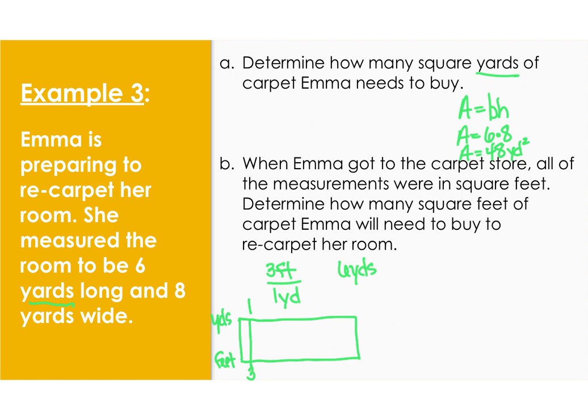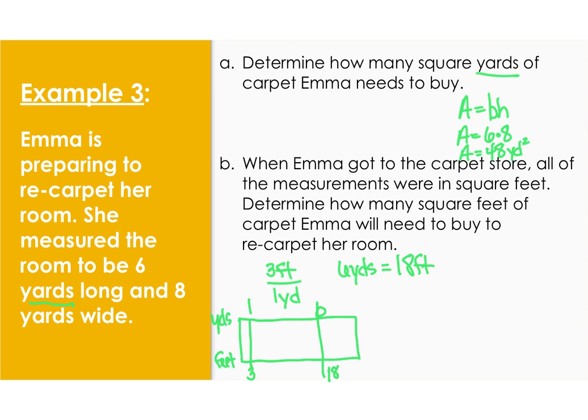If I have 6, how many feet is that? So 1 times 6 to get to 6, and 3 times 6 is 18. So 6 yards equals 18 feet.